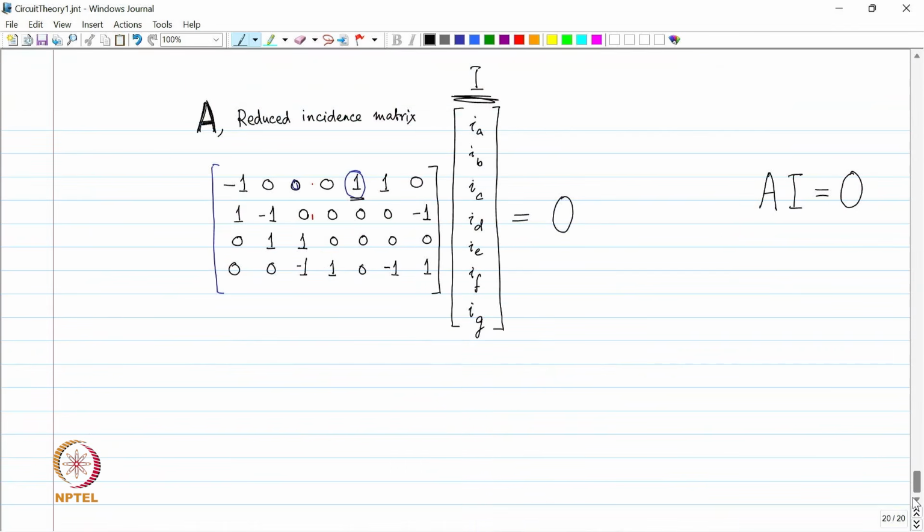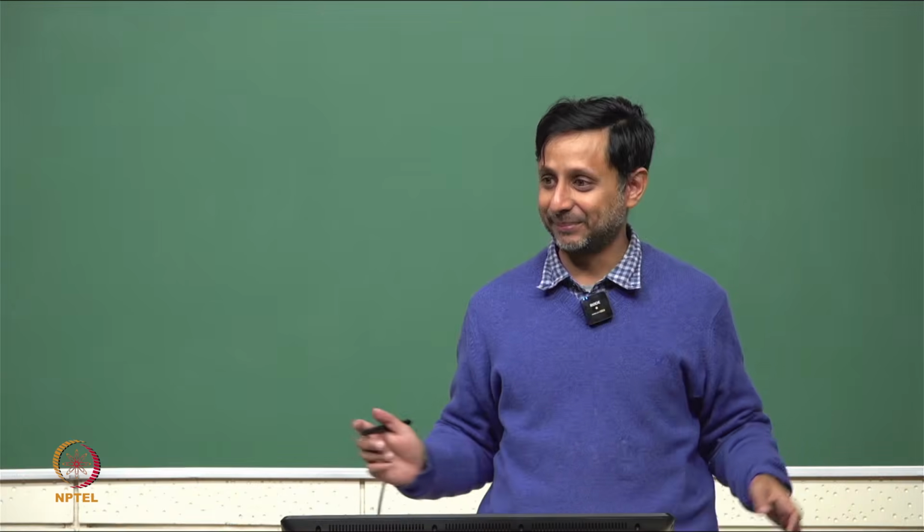So, let us write this out. V A is equal to V 2 minus V 1, and similarly V B, V C, V D, all those, but I do not want to write it out like this. By now, you know that I do not write out 7 equations. How will I write it out? As a single matrix equation, thank you. That is my plan, I do not want to do this mess.